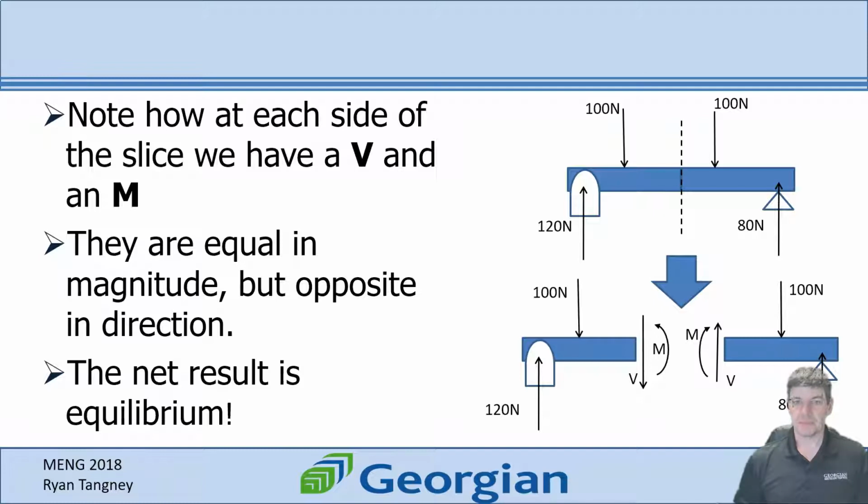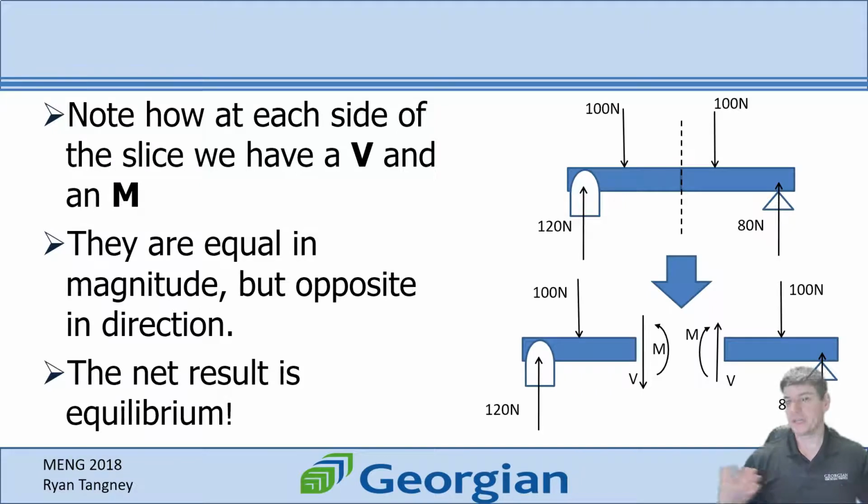The M's, sometimes you don't notice that they're in opposite directions, but remember that we don't talk about M's in ups and downs, we talk about them in clockwise or counterclockwise, and we can see that the M in the left-hand side section is going in the counterclockwise direction, whereas the M on the right-hand side is going clockwise. So the M's are equal in magnitude but opposite in direction. The V's are opposite in direction and equal in magnitude.